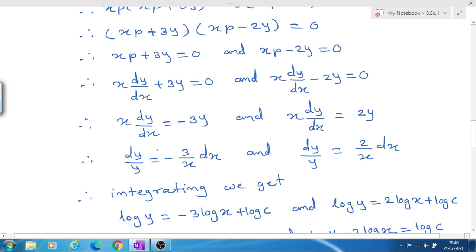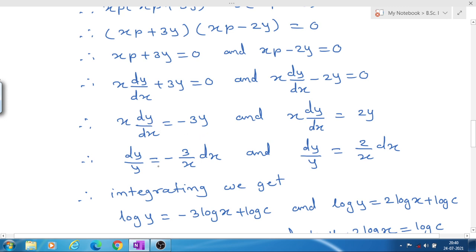So now these equations can be solved by separating the variables. So here is a dy, so this y divides here and this x divides on RHS.